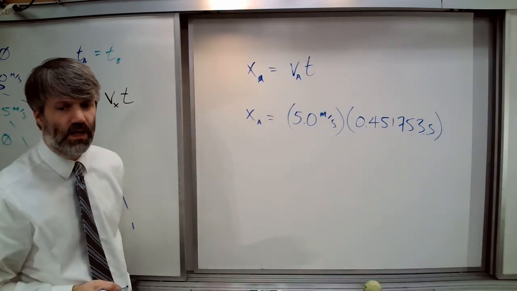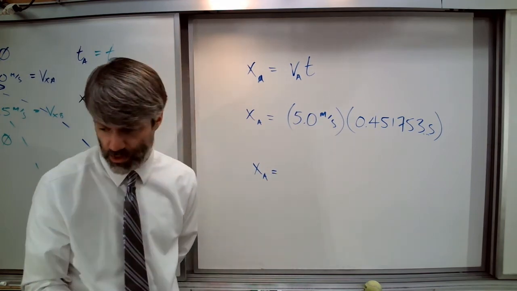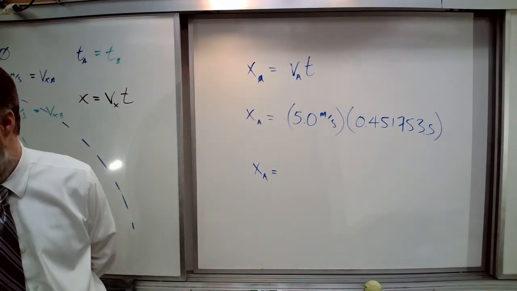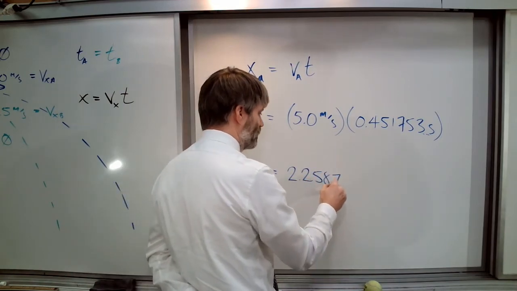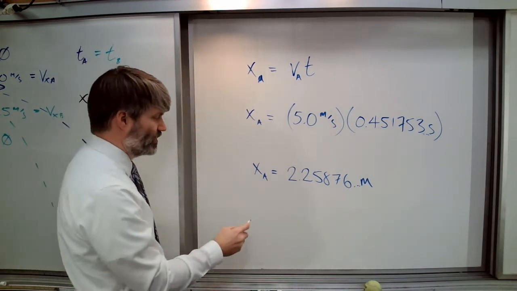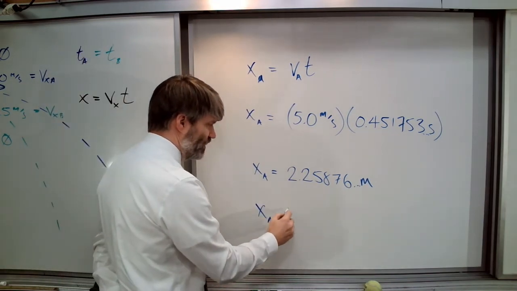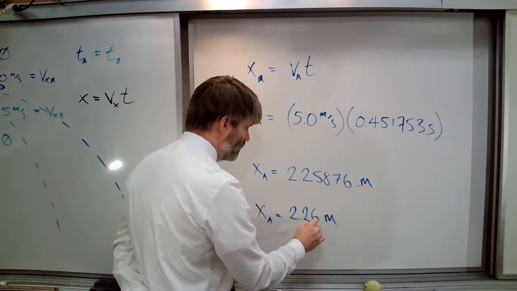Right? When we do so, we get a value for x of A of 2.25876 meters. We'll round that up to x of A is equal to 2.26 meters.